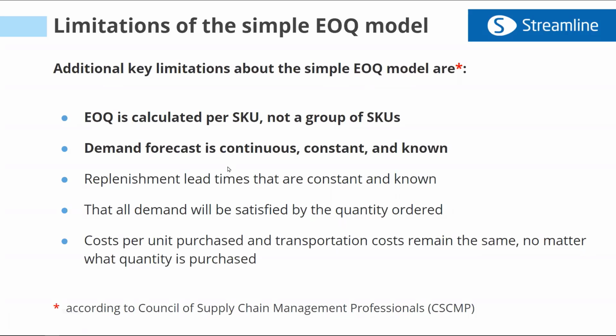And we started with the first two. So we resolved the first two in our implementation of EOQ. And the next two are not really issues for Streamline because we calculate dynamically, and there's no need to create a plan for all changes of lead times for the future periods.